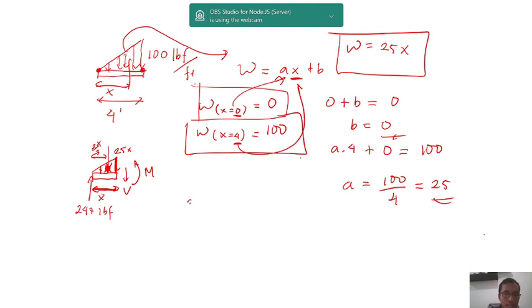So in that case, I have 25x multiplied by x divided by 2, and it will be the value of my concentrated force, 12.5 x squared. This one. So now I can redraw the free body diagram for this case like this.